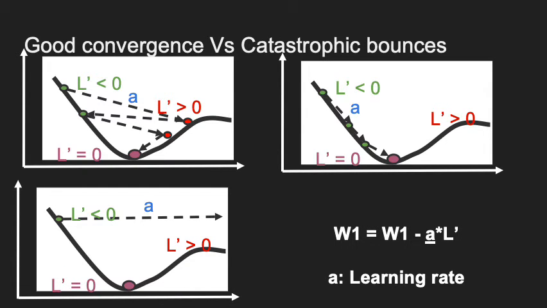The algorithm is a little bit more complicated than that. Usually we don't want to add or subtract the whole derivative from the weight. One reason is very simple: you can add or subtract too much. Like you can see here, you can overshoot and completely miss the local minimum you were looking for.